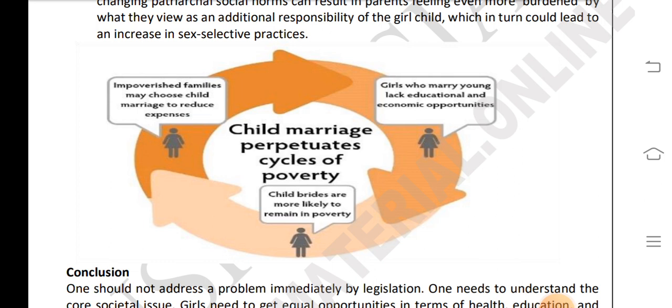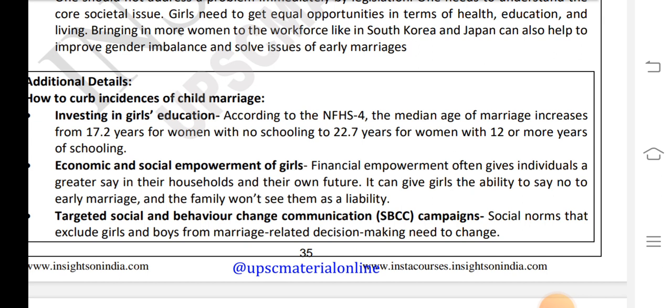Impoverished families may choose child marriage to reduce expenses. Girls who marry young lack educational and economic opportunity. Child marriage perpetuates cycles of poverty, and child brides are more likely to remain in poverty.